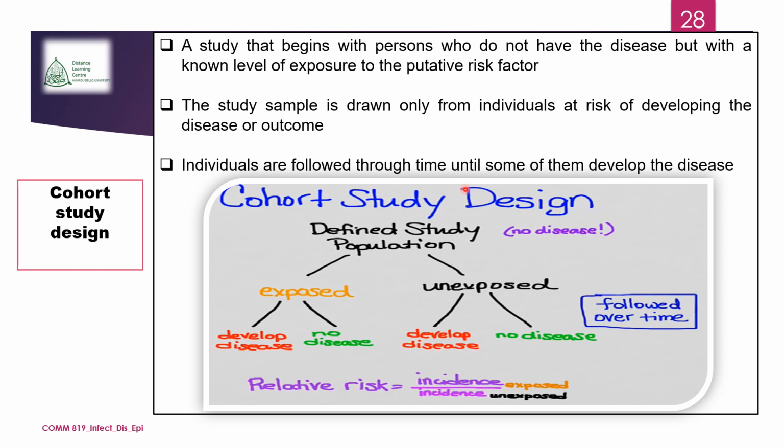So you decide to visit a particular community which you know that most of their dwellings are around an area with telecommunication masts, and based on the radiation emanating from those masts, you may hypothesize that these people are likely to develop maybe cancer due to the presence of telecommunication masts.